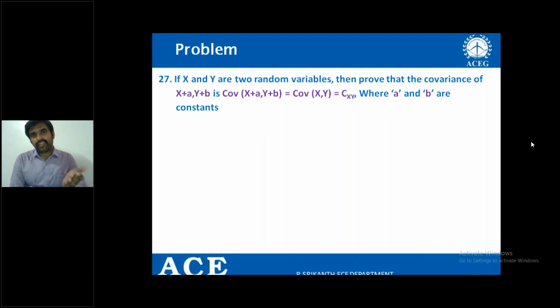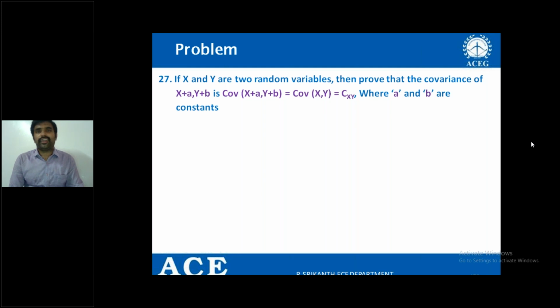Usually the conditional moments can be derived by using conditional density functions. Therefore, first we find the conditional density functions, by using which we can find the conditional moments, which may be the conditional mean value or conditional variance value, right?